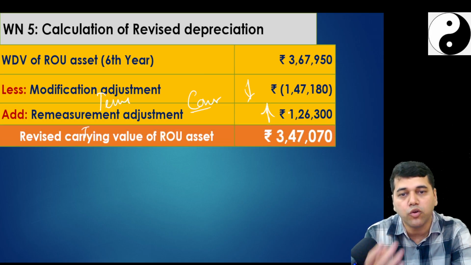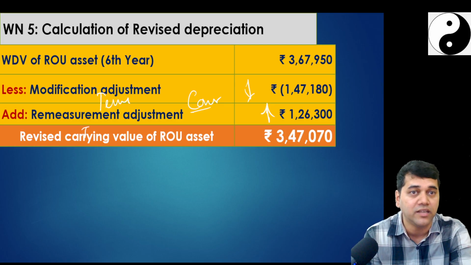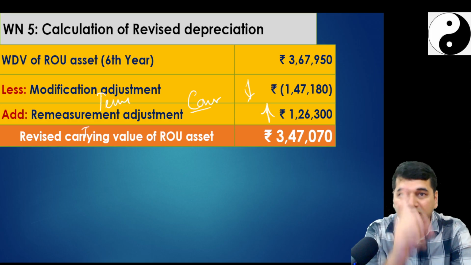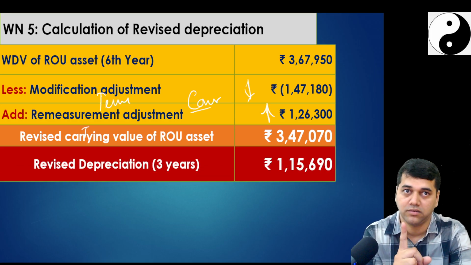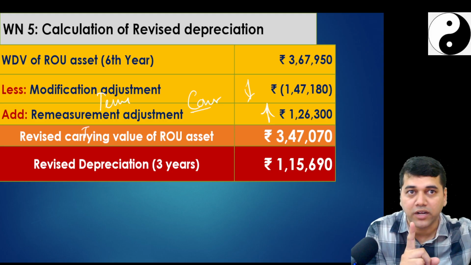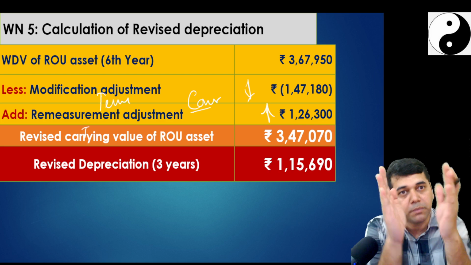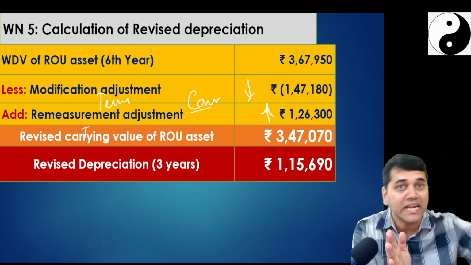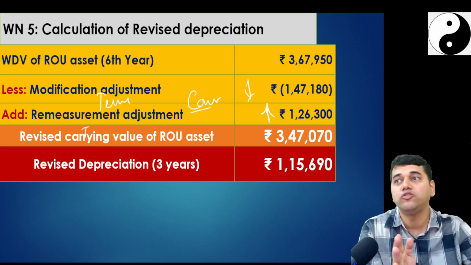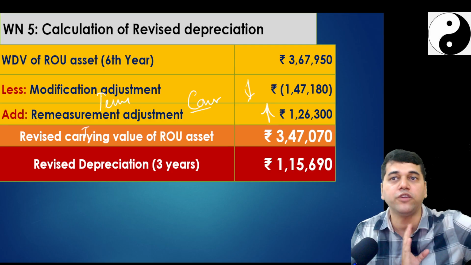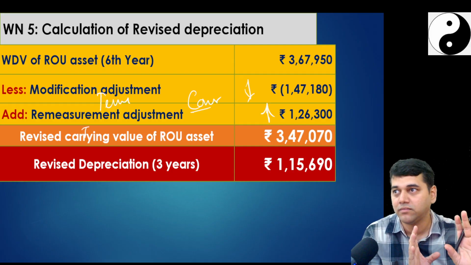Now I'm going to get the book value of 3,47,070, which should be depreciated over the next 3 years as one single lease contract. Even though there is a second lease contract, physically there are 2 papers, but for my accounting purpose it is 1 paper, because the second increase addition is not in line with the market price. If it was 2 papers, 2 different contracts, no headache.